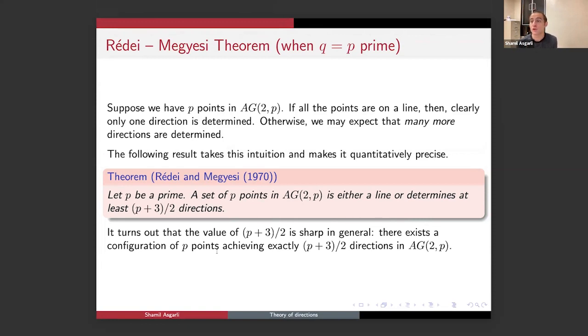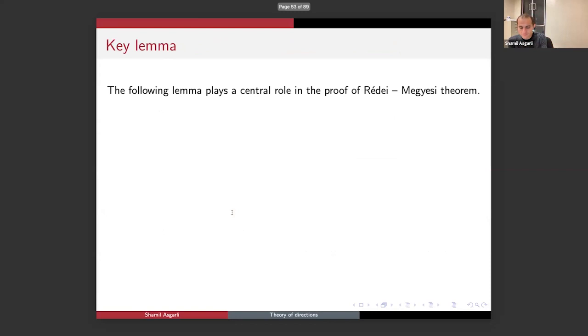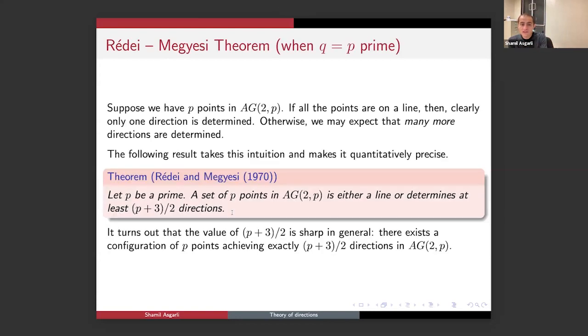I'm going to show you that set in the next few slides, a set of p points which determines exactly (p+3)/2 directions. So from that point of view, when p is prime, the Rédei-Megyesi theorem is sharp. Let's go through the proof of this theorem, because we have already developed the tools to prove it.